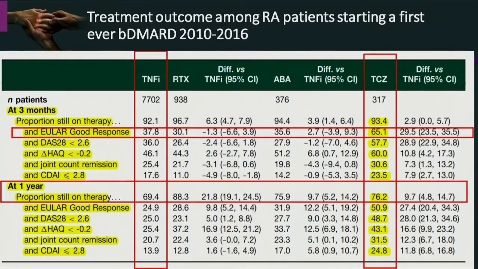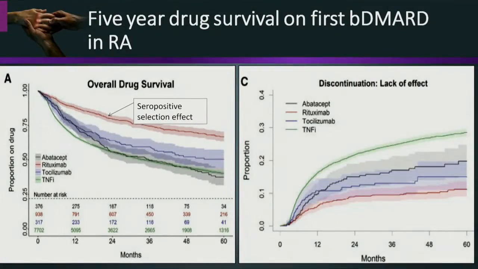And also the CDAI remission is achieved in almost 14% as compared to almost a quarter of patients with tocilizumab. So if you look at the drug survival rate, rituximab is the highest one, but again, probably because of the selectivity, we select our patients, they have to be seropositive, so that might play a role.